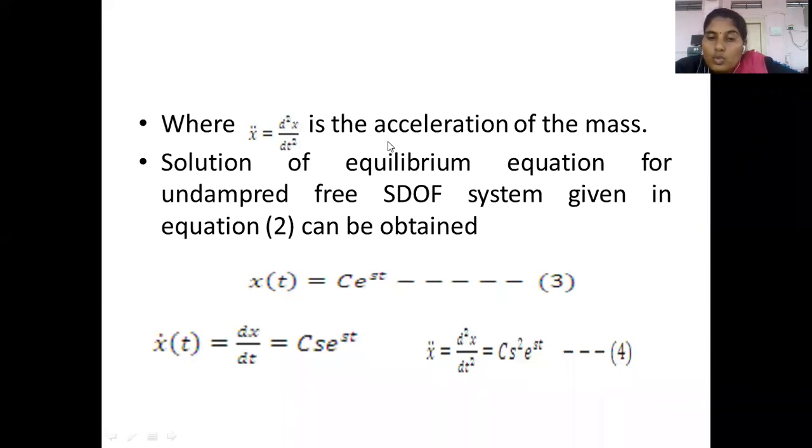The solution of the equilibrium equation for the undamped free vibration system given in equation 2 can be obtained.